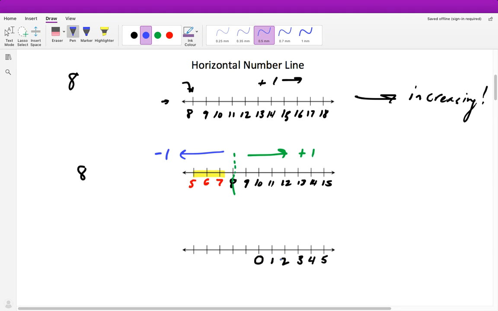But our next number is actually symmetrical to the values that we have here. So it's going to look very similar in 1, 2, 3, 4, and 5. But the difference is now these values are negative. So it becomes -1, -2, -3, -4, and -5.